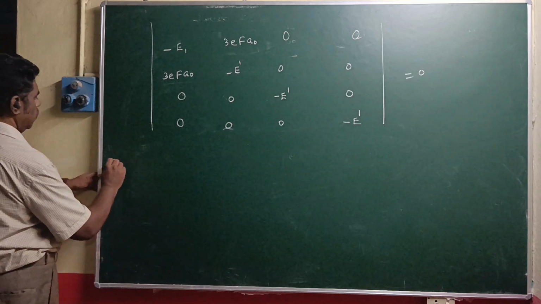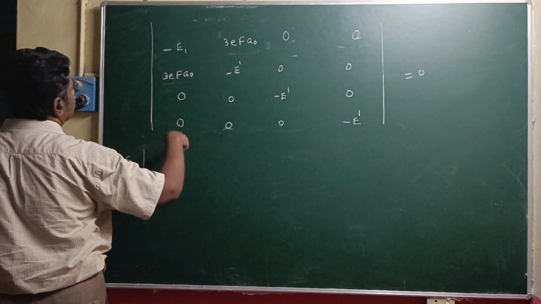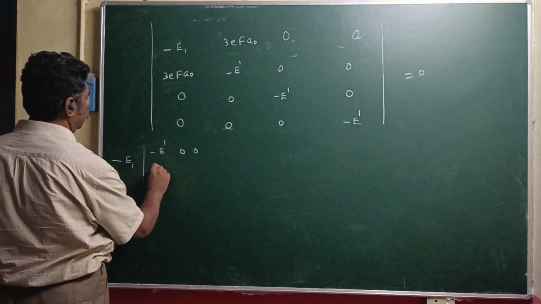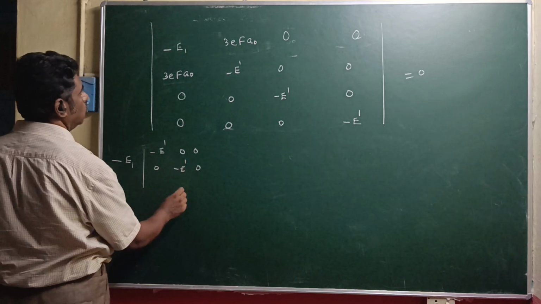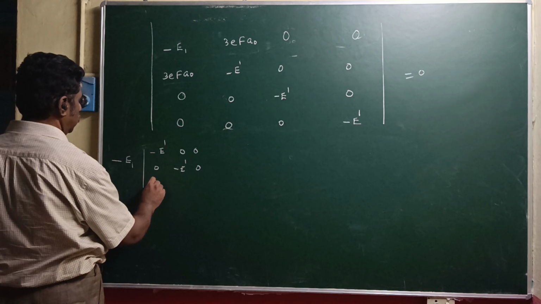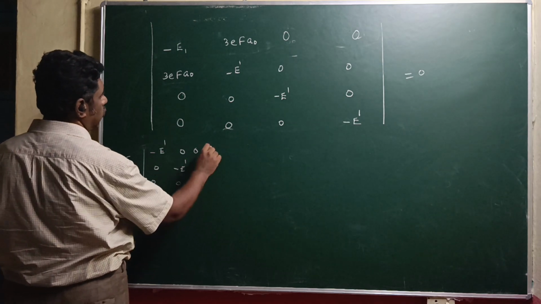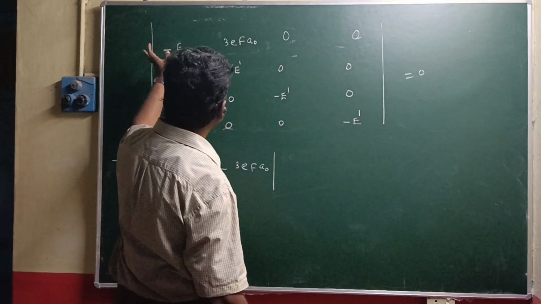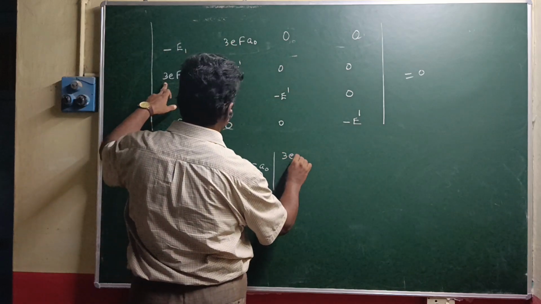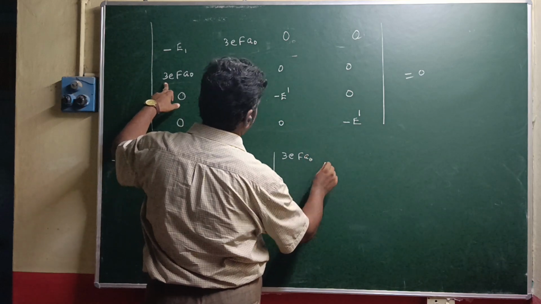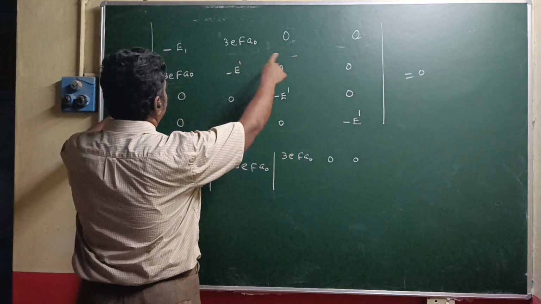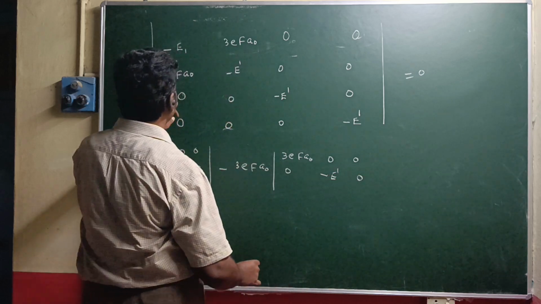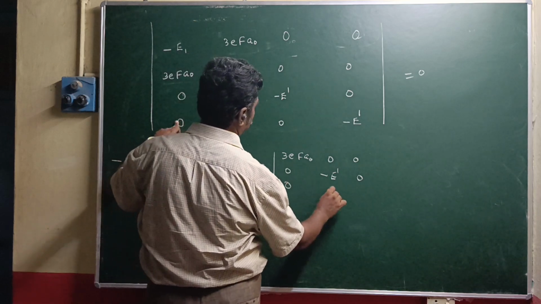Therefore, this is minus E1 into, leaving this column and row, the determinant with minus E1 0 0, 0 minus E1 0, 0 0 minus E1, then minus 3eF a0 into, leaving this column and this row, the determinant with 3eF a0 0 0, 0 minus E1 0, then 0 0 minus E1.